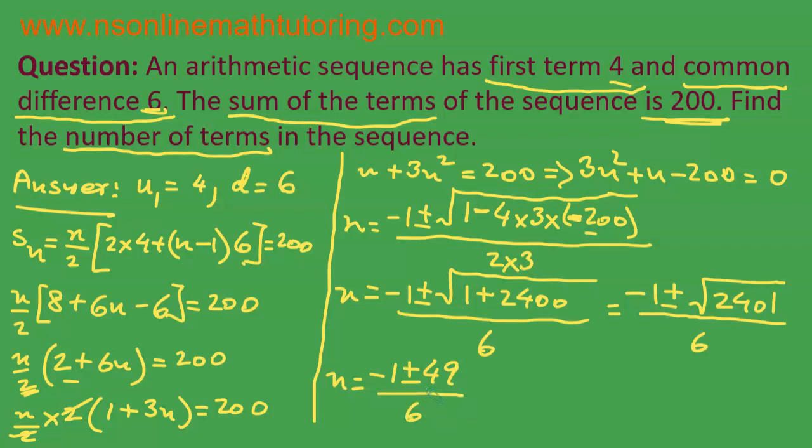Now if I take minus 49 minus 1, that will be minus 50 over 6, which gives a negative value for n, which we cannot take. We have to reject that value. Therefore, we take plus 49. Plus 49 minus 1 is 48 over 6. This means n is equal to 48 over 6, which is equal to 8. Therefore, the number of terms present in the arithmetic series is equal to 8.